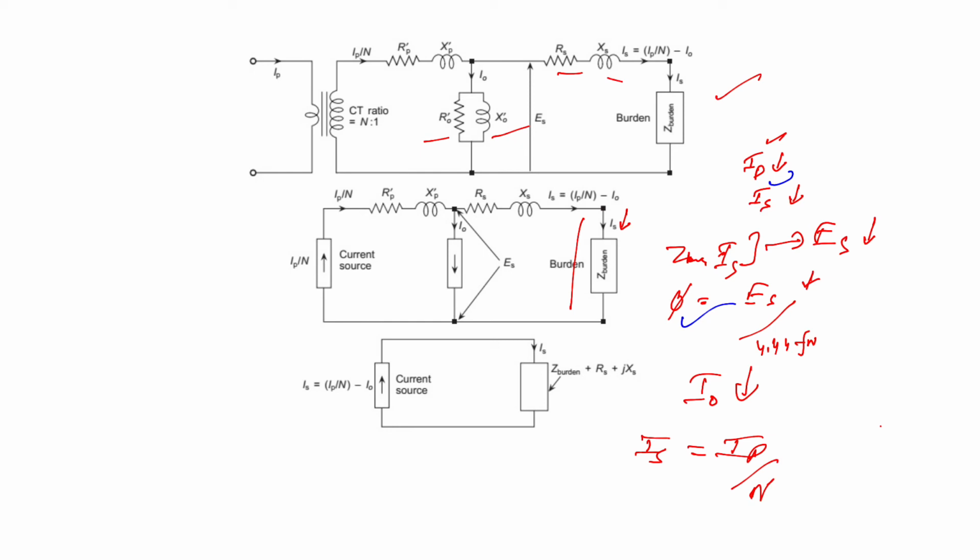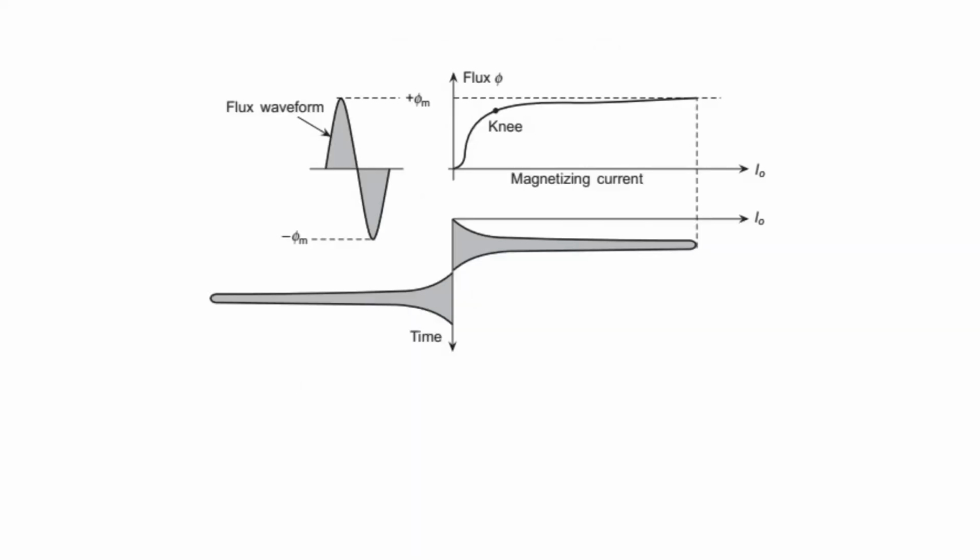However, because of the non-linear nature of the BH curve of the CT, as the knee of the excitation characteristic is passed, any further increase in the flux demand causes a large increase in the magnetizing requirement of the CT, which can be illustrated by this diagram.